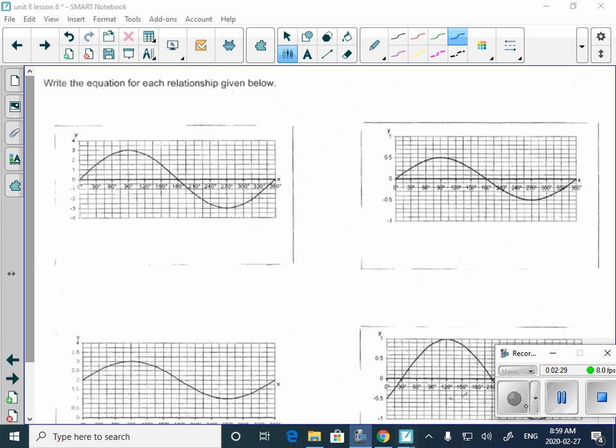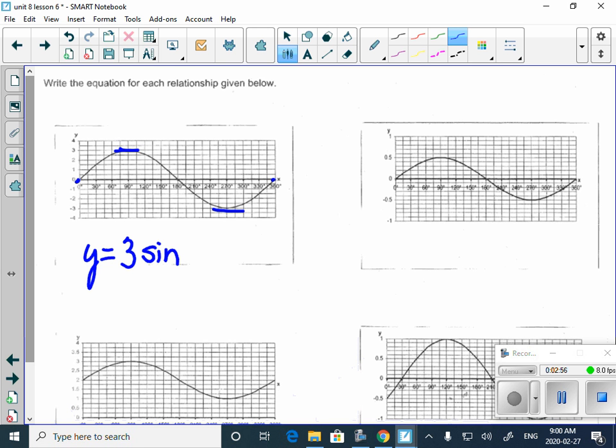These ones are not as easy to see, but we have a graph that starts at the midline and ends at the midline. So this one would be easiest to write as a sine curve. I'm going to look at my amplitude now to see what the maximum and the minimum are. They're both at 3 and negative 3, so my amplitude is 3. It goes up first, so that is not a reflection.